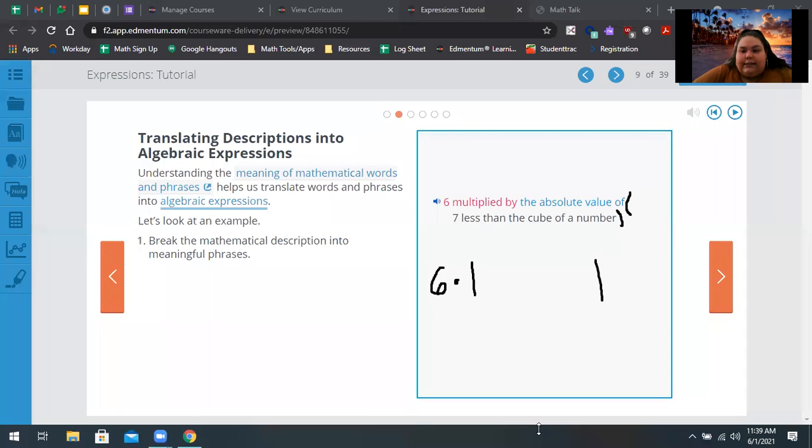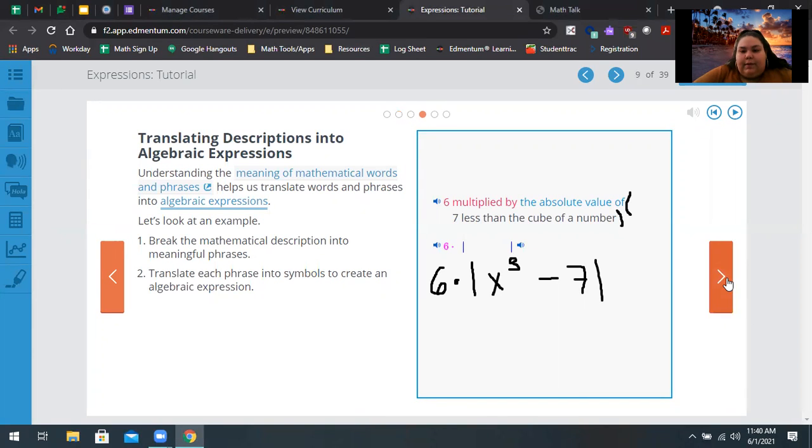So 7 less than a cube of a number. Remember how it's going to go a little bit in reverse. I know it's going to be 7 less, so I'm going to put my minus 7 back here. Cube represents our exponent, to the third power. And here we can put a number. We can put x. If we click along, it'll probably give us a different variable, maybe, maybe not.